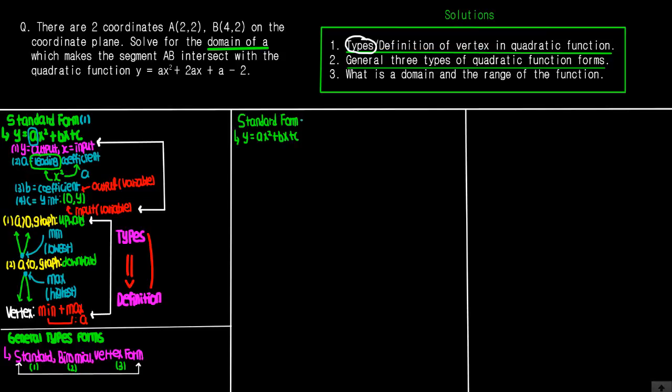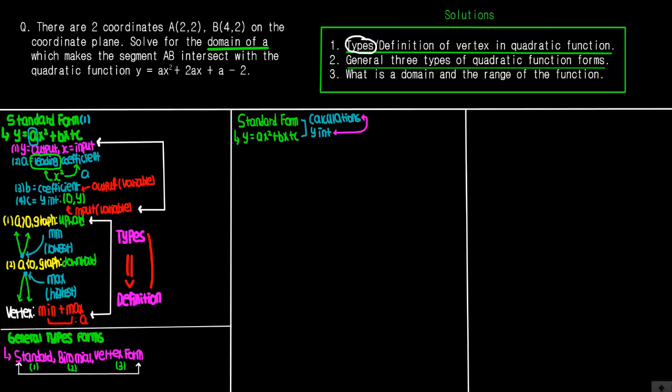Basically, the standard form is optimized for the basic calculations, to solve for the missing or unknown variables, as well as the y-intercept. The y-intercept is one of the variables that we can solve through calculation in the standard form.